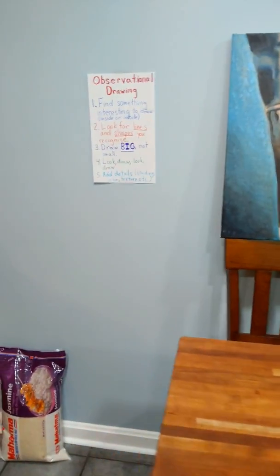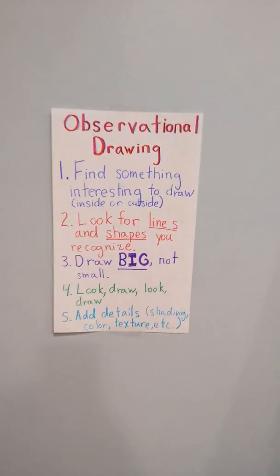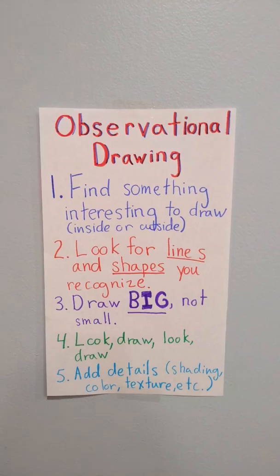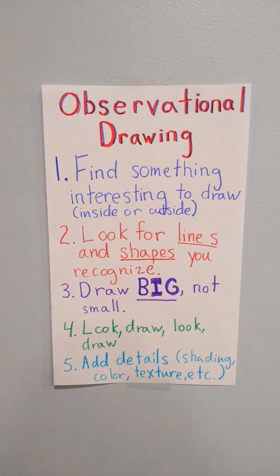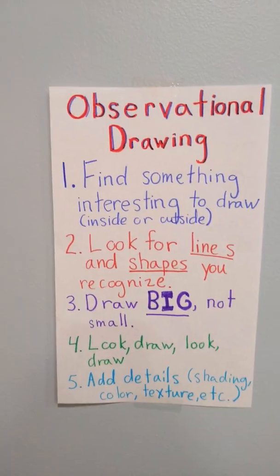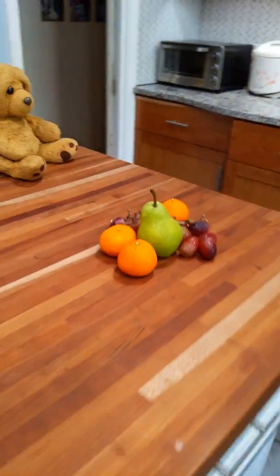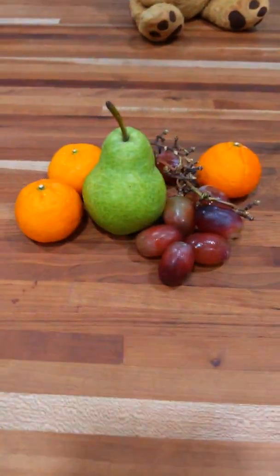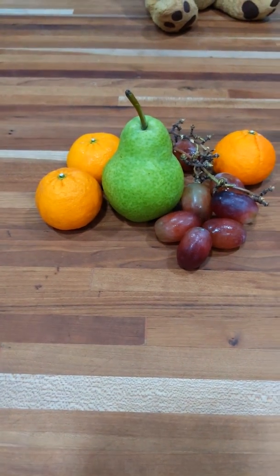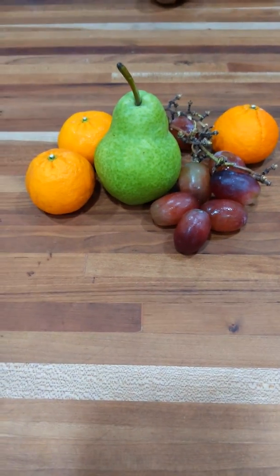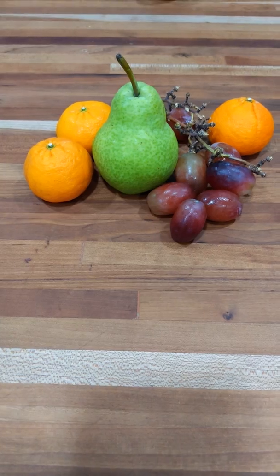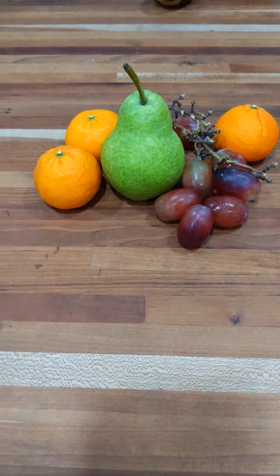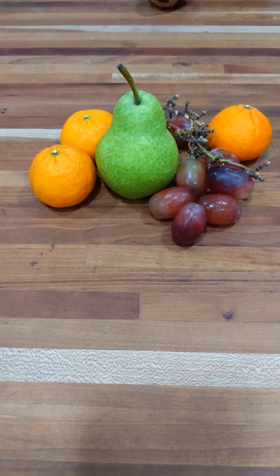So let's move to our next rule. The next rule is look for lines and shapes you recognize. I was kind of into this little still life of the fruit here. If I'm using this for my drawing, the first thing I'm going to look for is, wow, what kind of lines do I see?